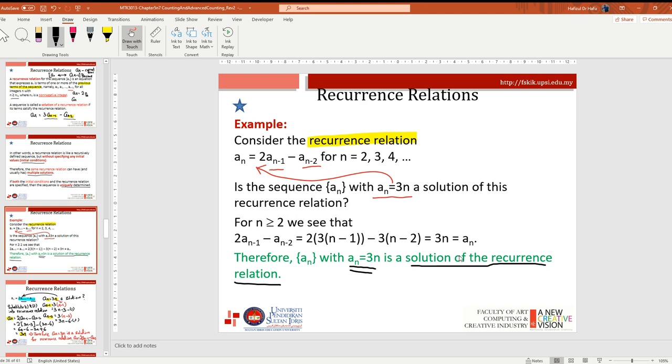Ataupun dia call solving a recurrence relation. Yang ni kalau kita dapat buktikan, kadang-kadang kita namakan dia sebagai solving a recurrence relation, dapat menyelesaikan masalah recurrence ni.